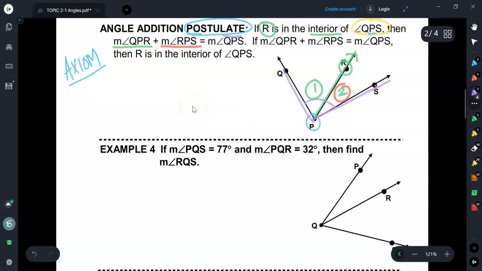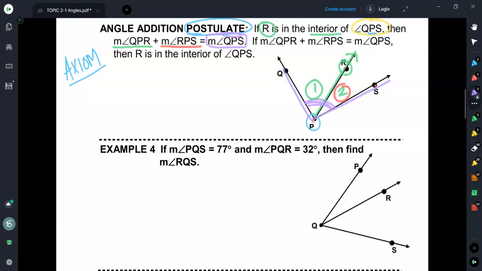It is the full angle right here. That is this whole angle here. So basically, the angle addition postulate states when you have a big angle, and you put a point inside of it, you can draw it and separate it into two smaller angles. And when you add the two smaller ones, you get the bigger one.